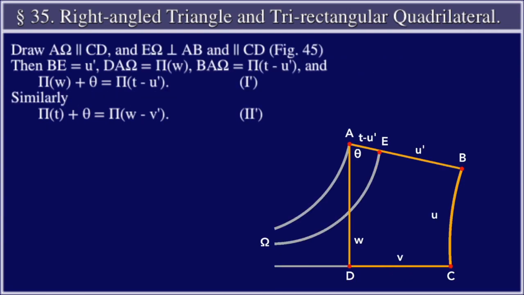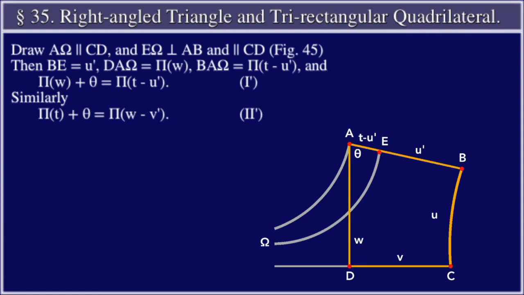Draw Aω parallel to CD and Eω perpendicular to AB and parallel to CD, figure 45. Then BE is equal to U prime.